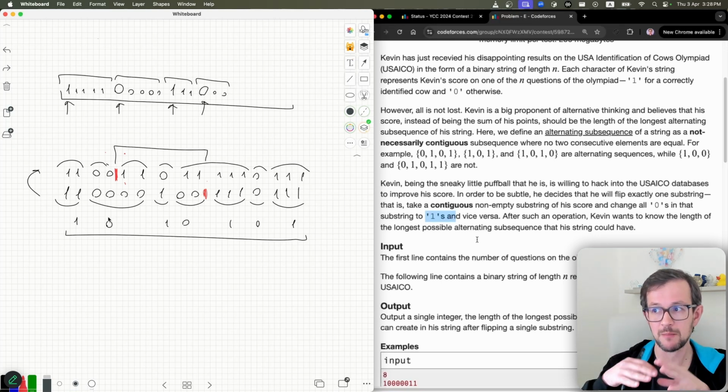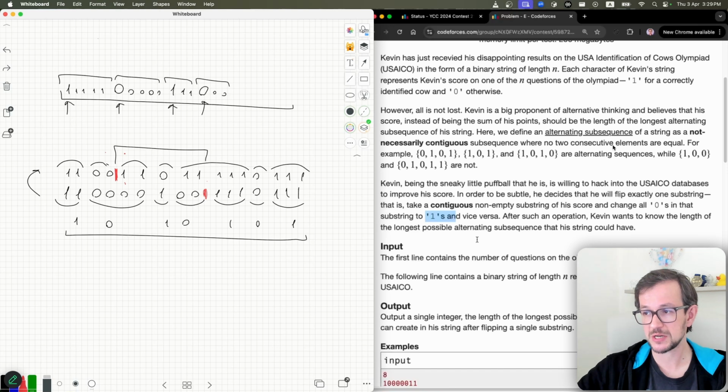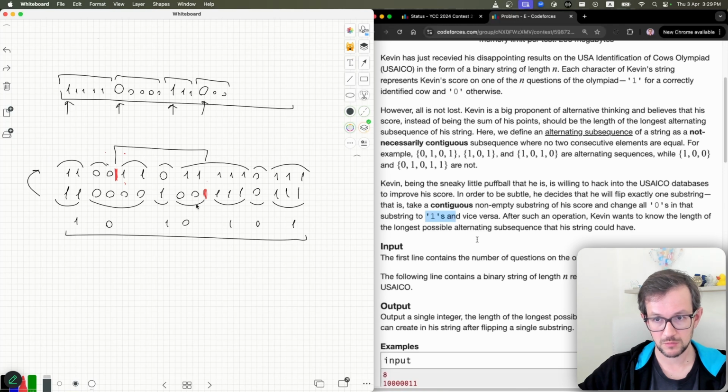I'm maximizing the number of blocks, because the length of this alternating subsequence is the same as the number of blocks. So if I want to maximize the number of blocks, I want to build the segment in such a way that both borders of the segment are not between two blocks.